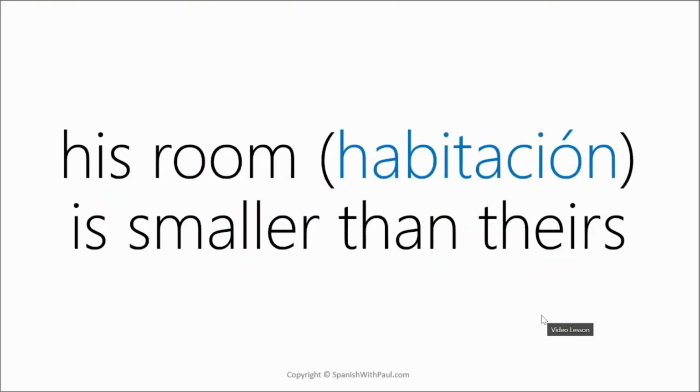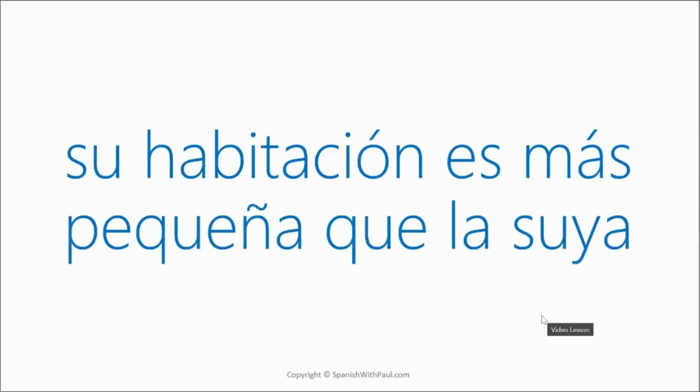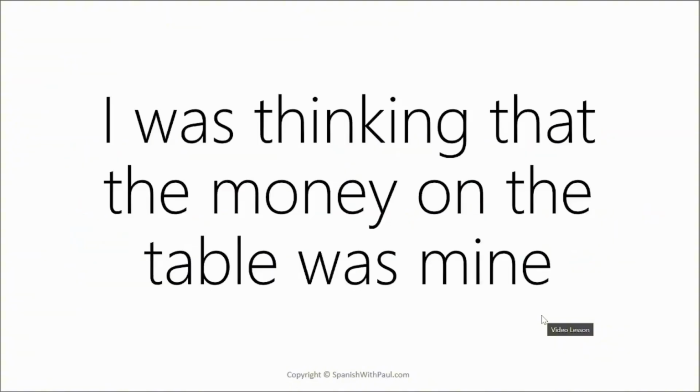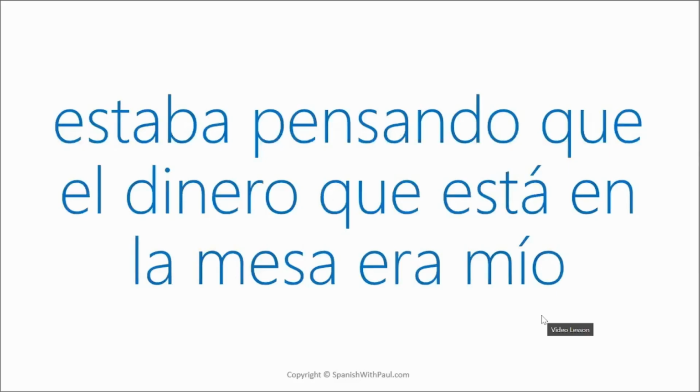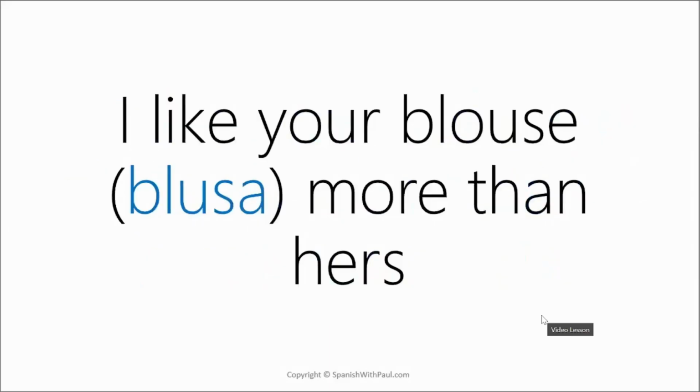His room is smaller than theirs. Su habitación es más pequeña que la suya. I was thinking that the money on the table was mine. Estaba pensando que el dinero que está en la mesa era mío. I like your blouse more than hers.